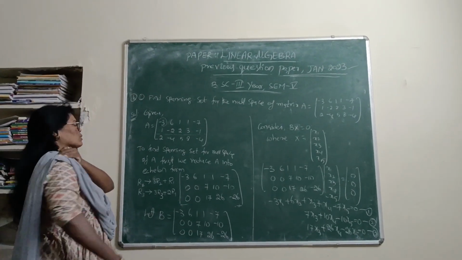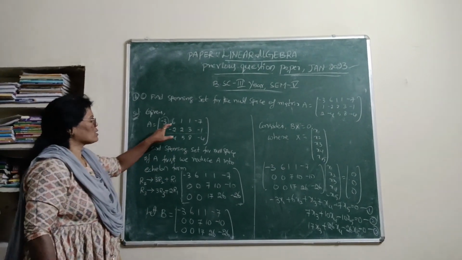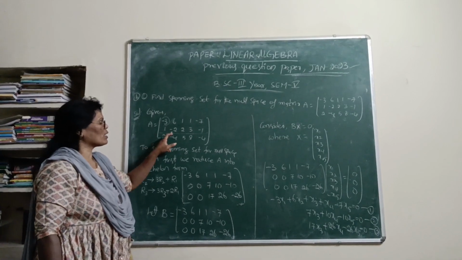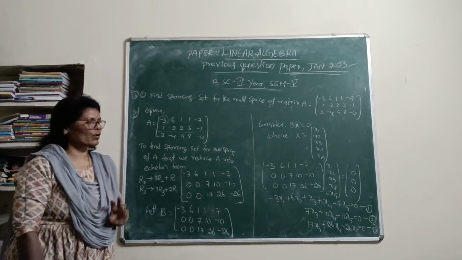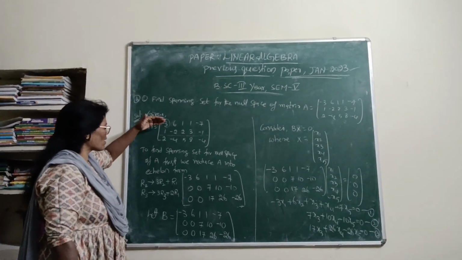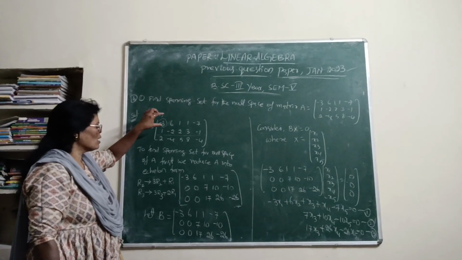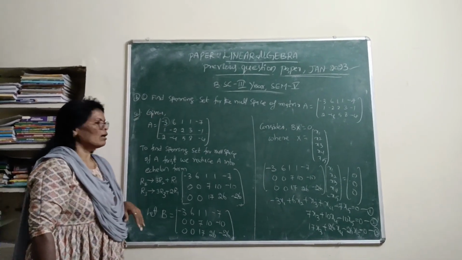So here the given matrix A is -3, 6, 1, 1, -7, 1, -2, 2, 3, -1, 2, -4, 5, 8, -4. To find the spanning set for the null space of A, first we need to reduce matrix A into echelon form.